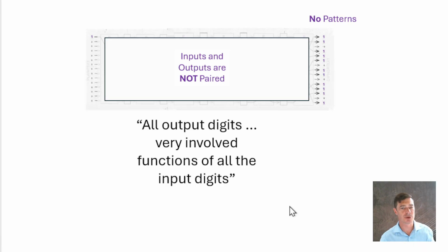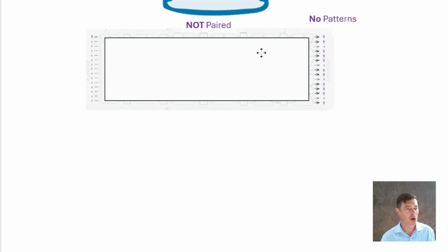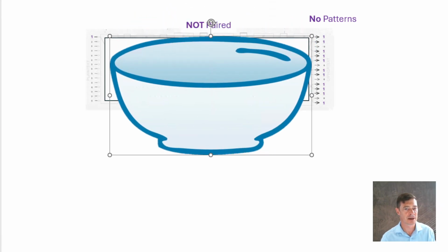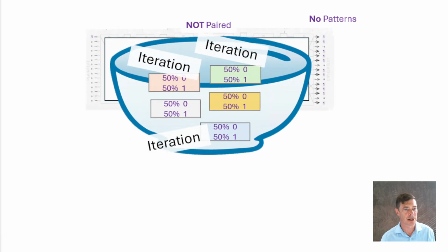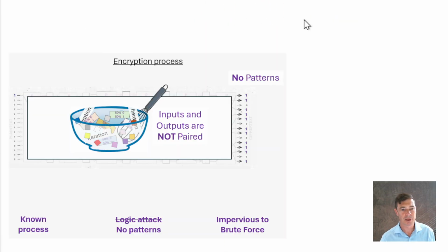And this is Feistel's description here, that this is basically one big complex web. You can also think of it as a big mixing bowl where we have the substitutions and iterations, and this is just mixing all of these bits together.